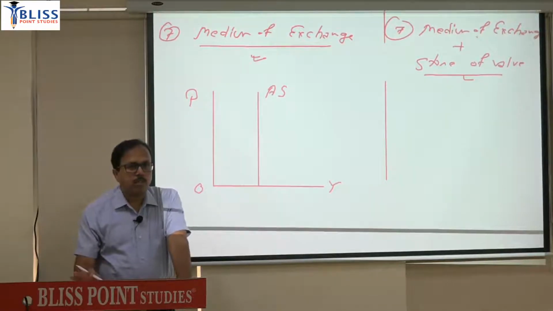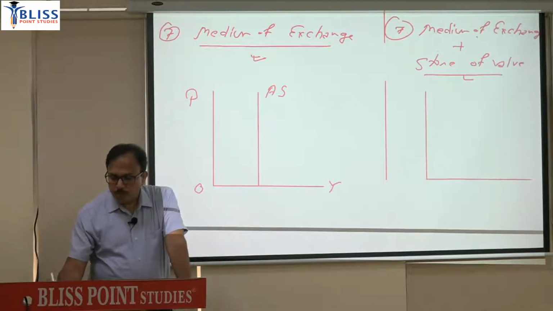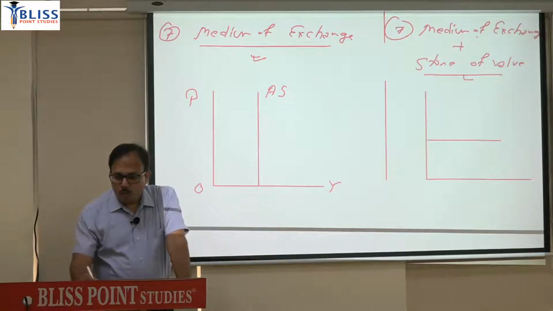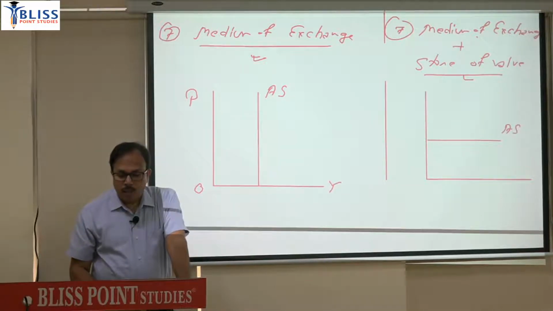We will derive this in this first lecture, how and why classical aggregate supply curve is vertical. And in the pure Keynesian approach, aggregate supply curve will be horizontal. So why is the aggregate supply curve horizontal here? We have to explain that part.